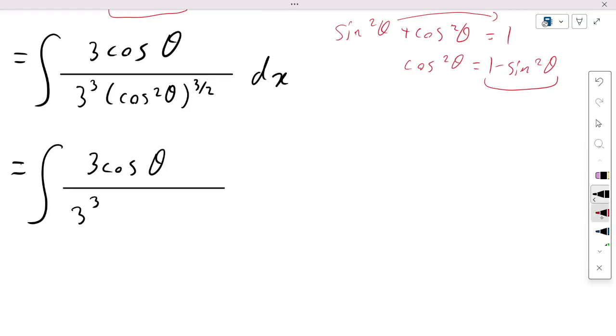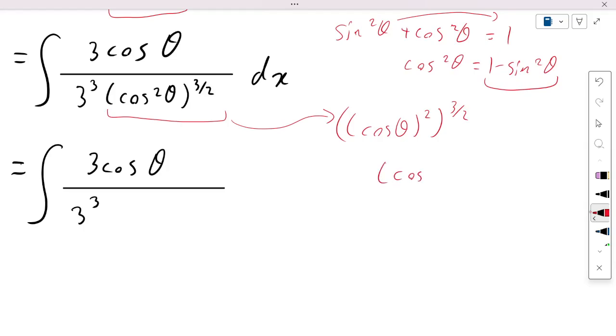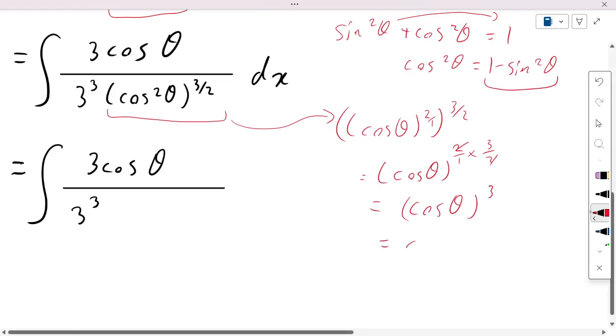And we can also write this whole thing over here, including the exponent, as cosine theta raised to the power of 2, all raised to the power of 3 over 2, which we can write as cosine theta, where we have 2 divided by 1 multiplied by 3 over 2, where these 2s will cancel, and therefore we will have cosine theta raised to the power of 3, which we can also write as cosine cubed theta. Okay, great. Now from that, we can write down cosine cubed theta.